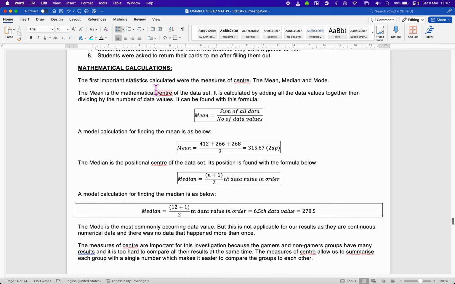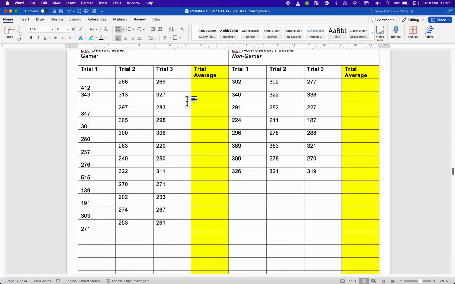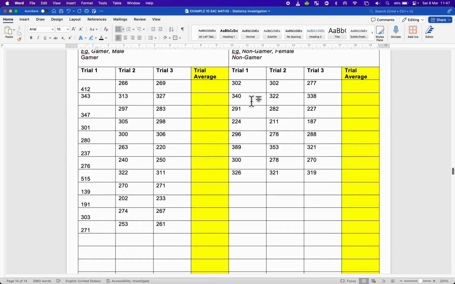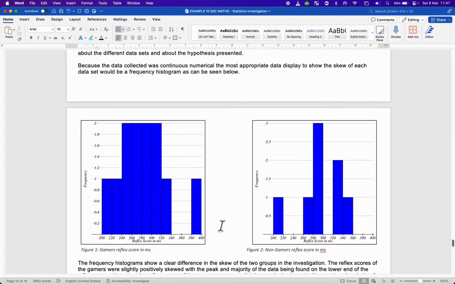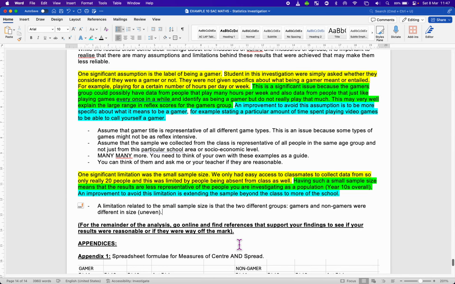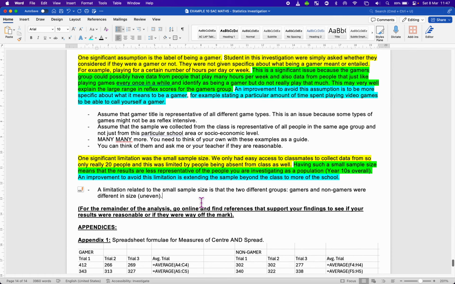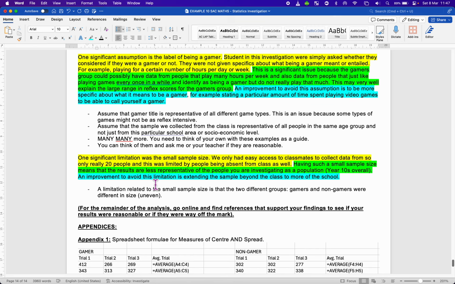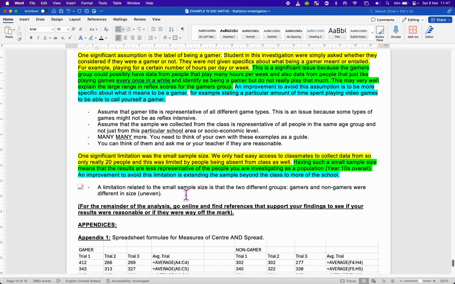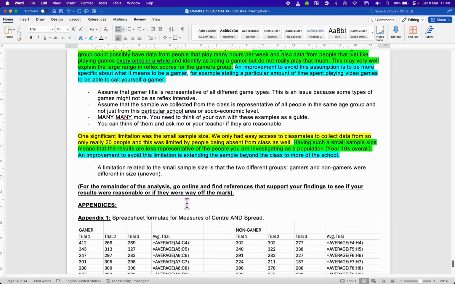If you look at our results here, we had 1, 2, 3, 4, 5, 6, 7, 8, 9, 10, 11, 12 gamers, 1, 2, 3, 4, 5, 6, 7, 8. 12 gamers versus 8 non-gamers, so it's just a bit unfair there. It's not even. Maybe we would have had closer results, or no difference at all, if we had the same number of non-gamers.